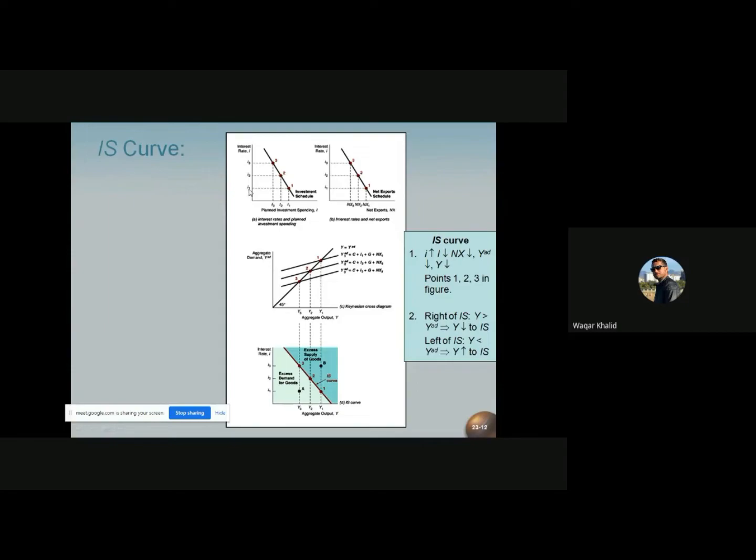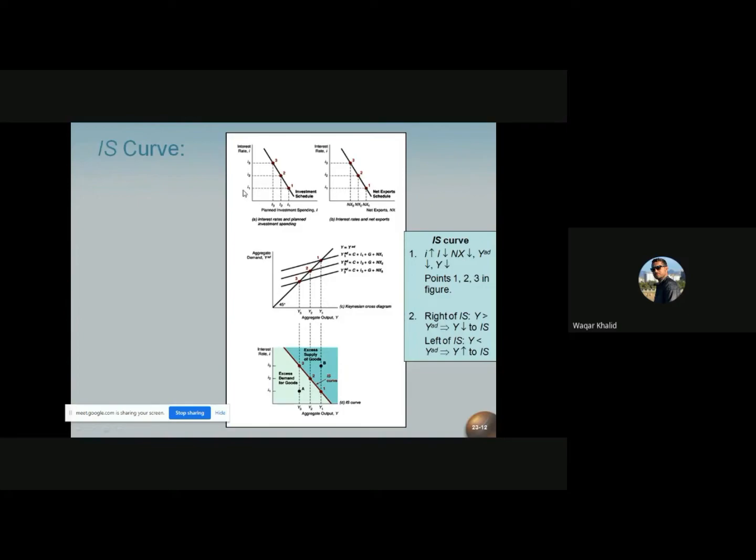When the interest rate was I1, the equilibrium point was 1 in the Keynesian cross diagram, and we had Y1 level of output. At this point 1, Y1 AD is equal to Y, and this was the equilibrium point initially.